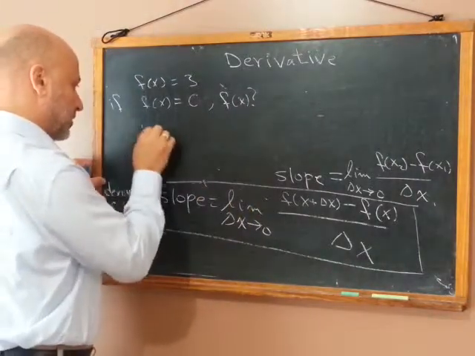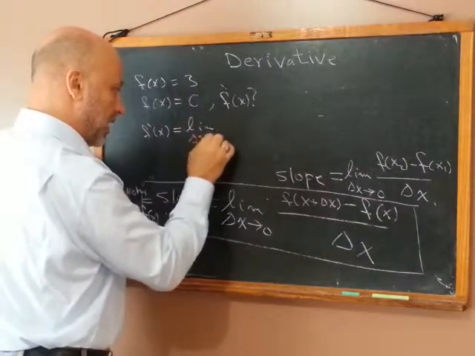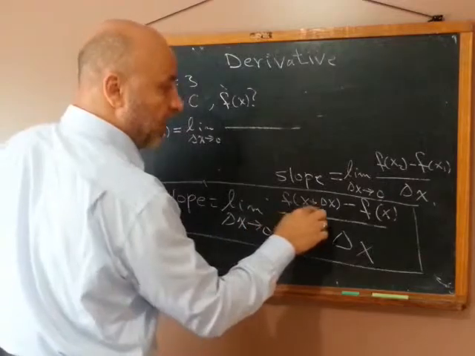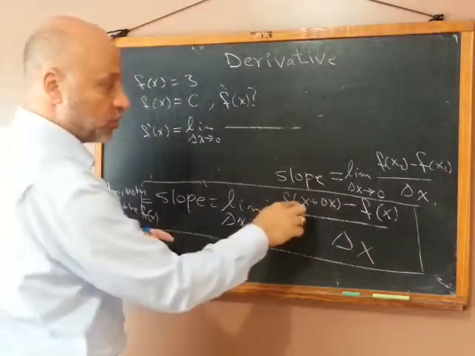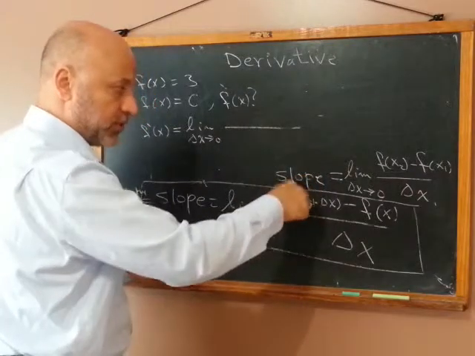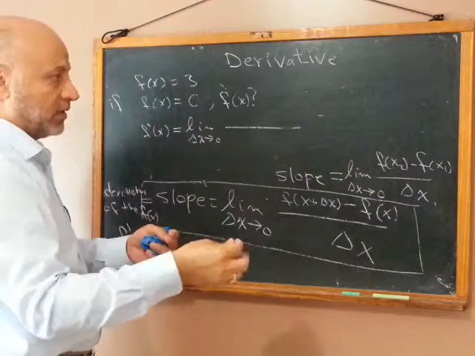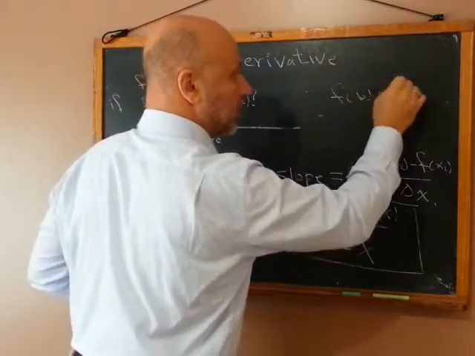So f prime of x equal to the limit as delta x goes to 0 of f of x plus delta x, which in this case equals c, because whatever you put as the input of a constant function, it is always going to give you one value. Means f of 3, f of 10 equals 3.